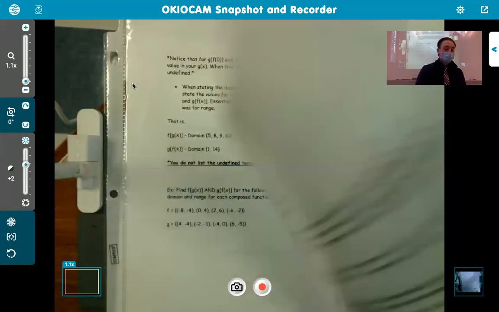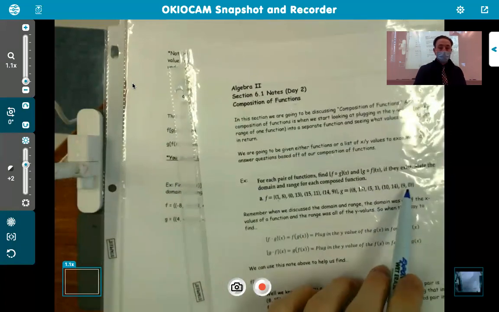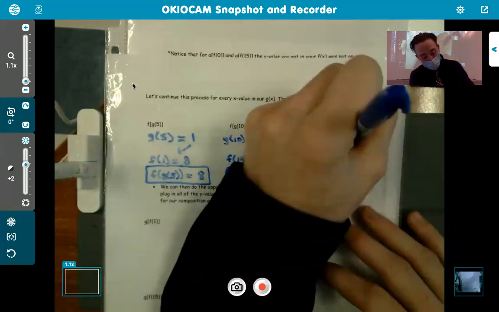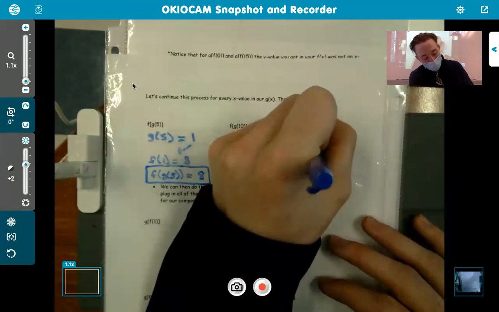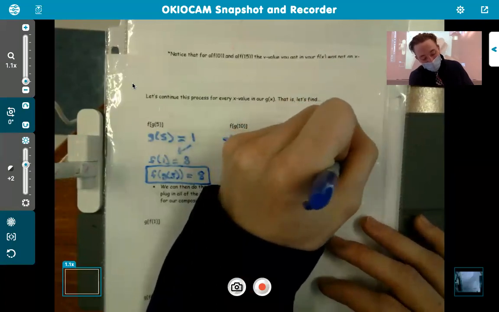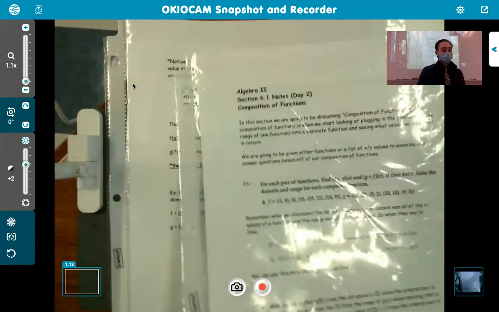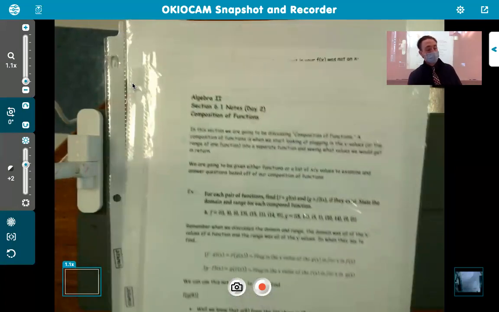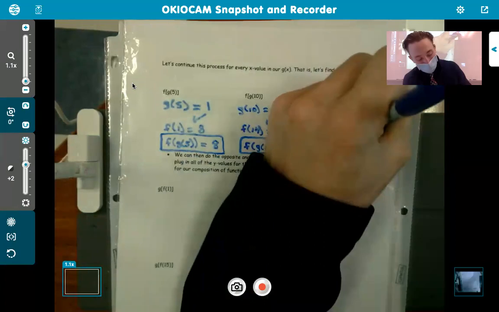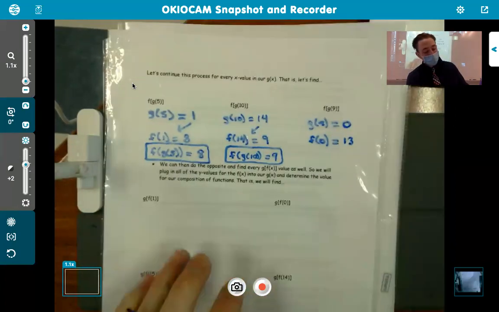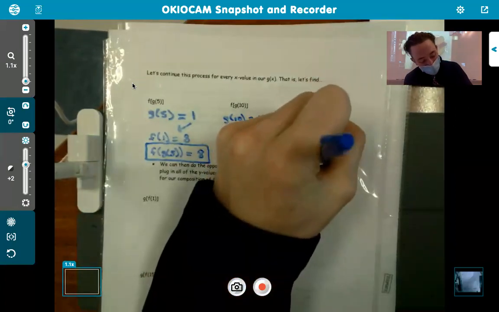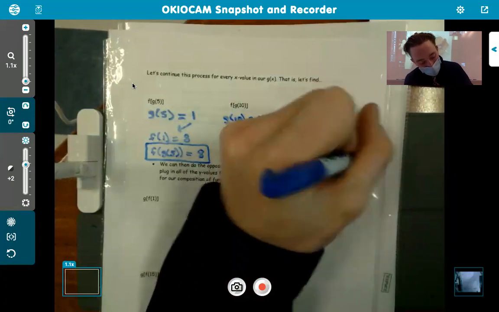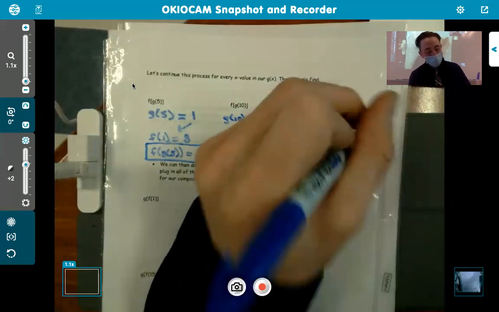So g of 9 is 0 from that ordered pair. So then I'll do f of 0. And if I look back on that first page, what's f of 0? 13. So f of g of 9 is 13.